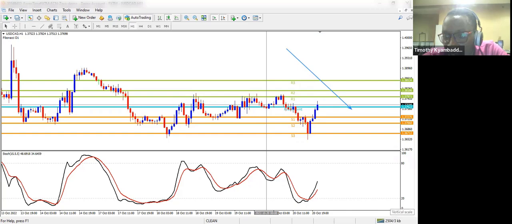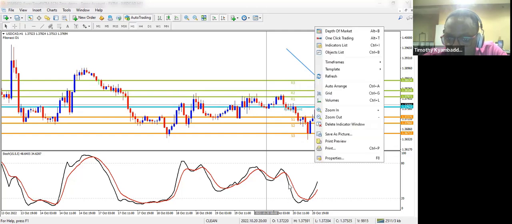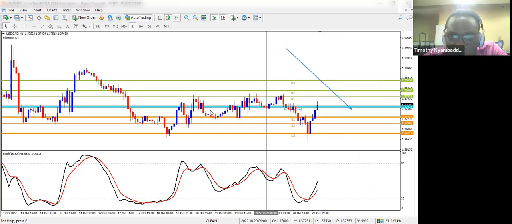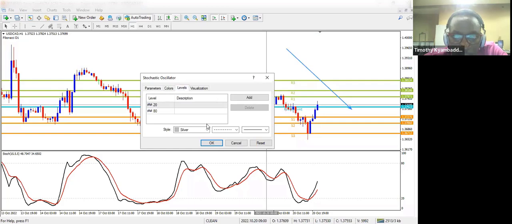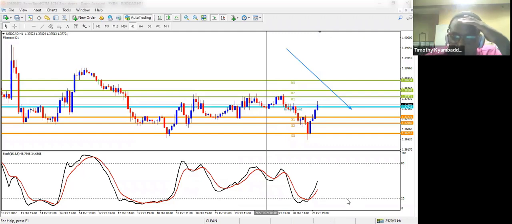If you see these levels here, unlike the RSI, which has 30 and 70 as the key levels, the stochastic has 20 and 80 as its key levels. And you will see that they are marked out here. I can just make them a little bolder so we can see them more clearly. So these are our levels that we use on the stochastic. We use the 20 level and the 80 level.